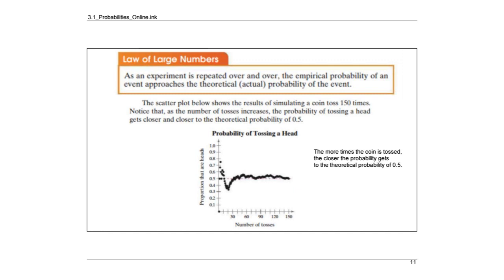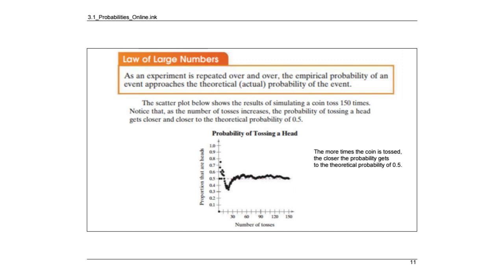The problem is if you only throw it 10 times, it might not happen that way. You might get 6 heads and 4 tails, or you might even get 7 heads and 3 tails. I mean, it happens. But if you toss it 150 times, you have a pretty good chance of half the times that you see a head and half the times you see a tail. If you go up to 15,000, then you're definitely going to.